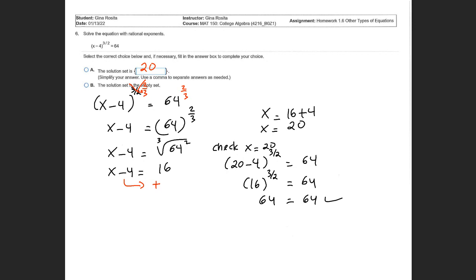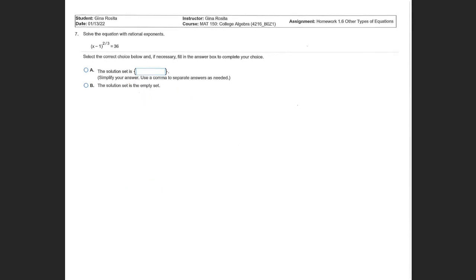Number 7. Solve the equation with rational exponent. This is exactly the same as number 6. So x minus 1 to the 2 over 3 equals 36. Find the reciprocal, so multiply by 3 over 2.